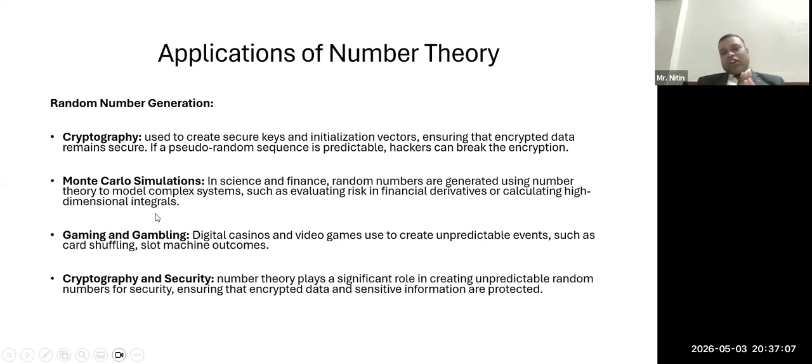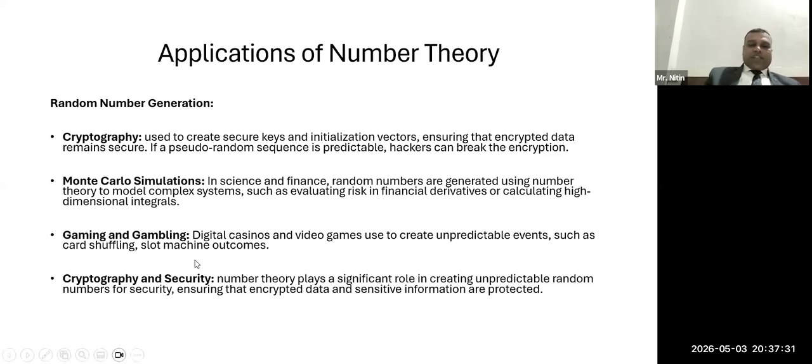Guys, in short, Monte Carlo simulation means that a complex system is generated as a small model so that risks get reduced, specifically in financial models or any general model. Okay. So this is the second application of number theory.